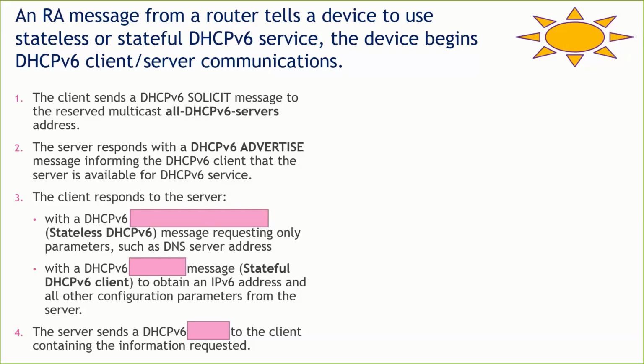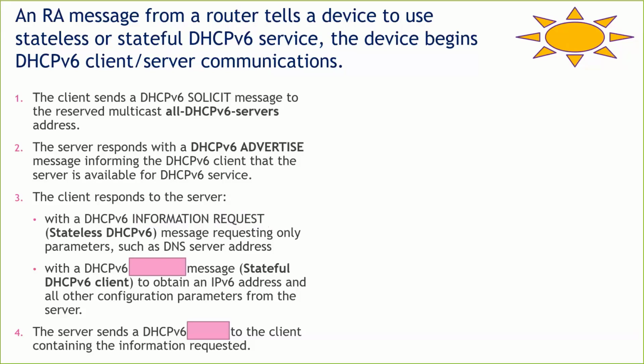So now the client's received it, and it does an information request. Okay, so again, the client sees what the server's advertising, and it's like, okay, yeah, I'll request that. And they call it an information request, because it doesn't actually take the address yet. It does an information request.